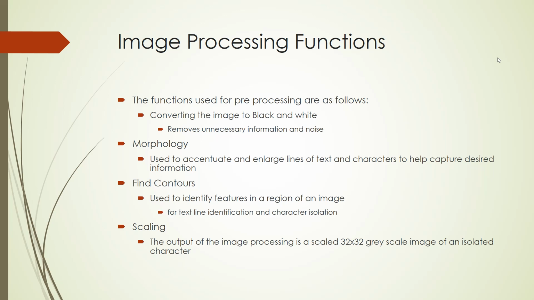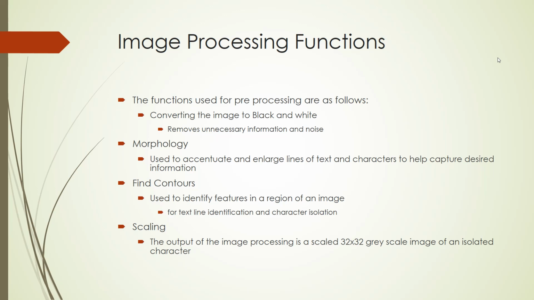The way this software works, first we identify the individual lines of text within the image, and then within each line of text, search for the individual characters. The morphology helps to enlarge things and make it so that you see one total object for the objects that you're trying to find.